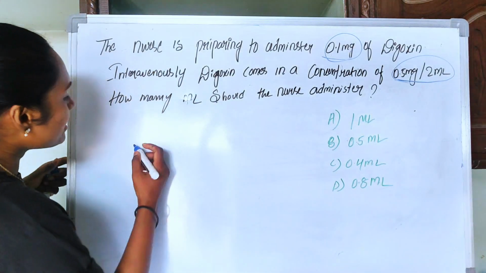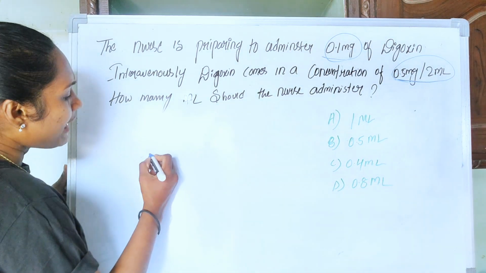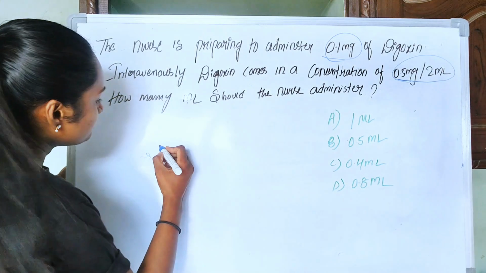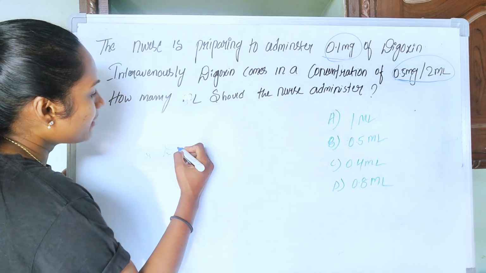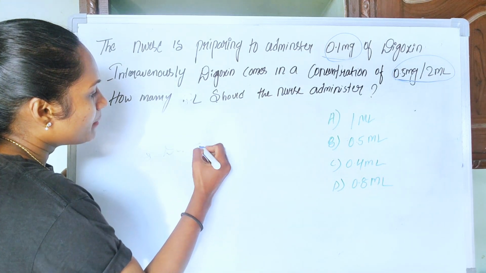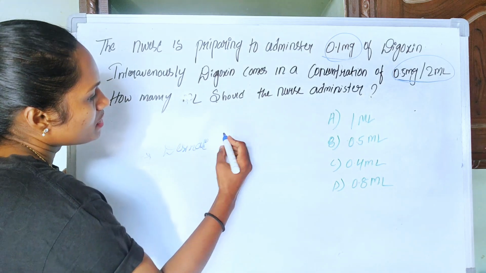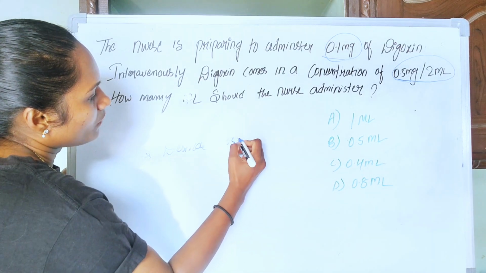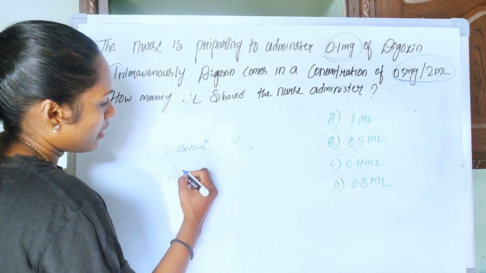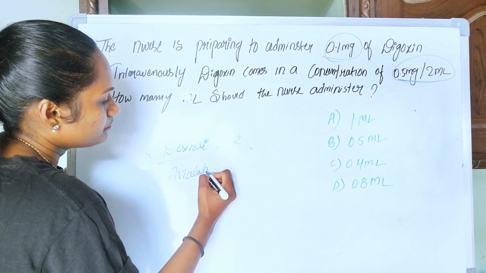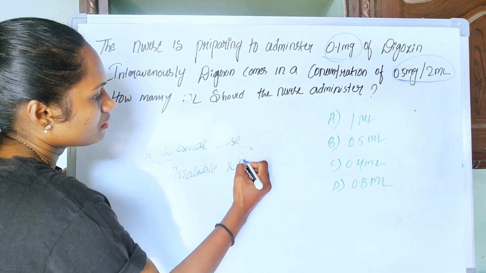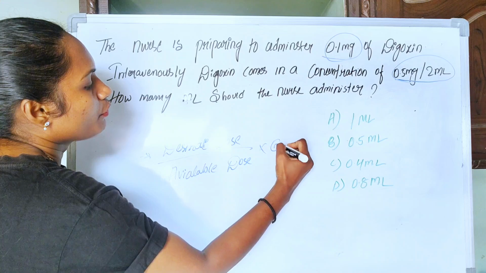So here the calculation formula is desired dose upon available dose into quantity.